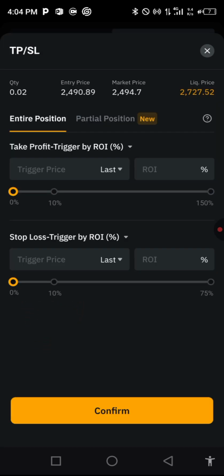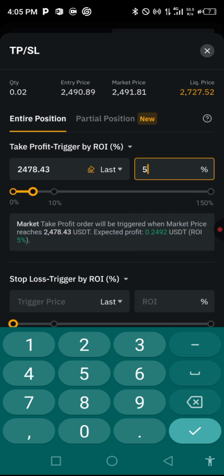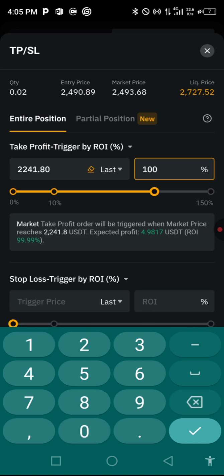Once you click on it, right, this page will open like this. And if you look up here, you see where they say take profit triggers by ROI percentage, right? So you now say, okay, where do I want this trade to actually stop, right? I want it to stop when I have made a profit of 50%, or let me say 100%, right?